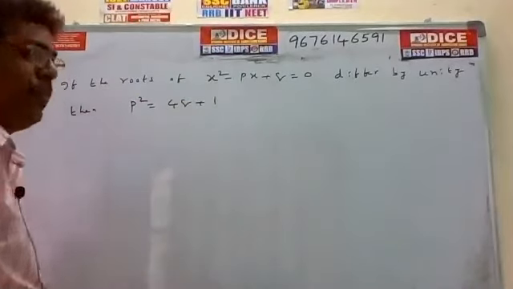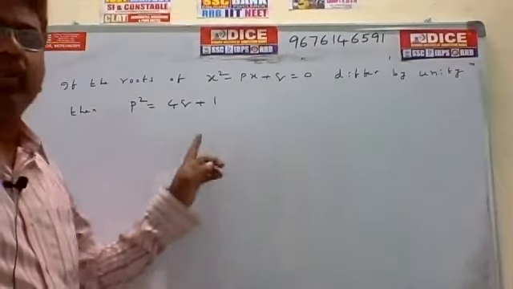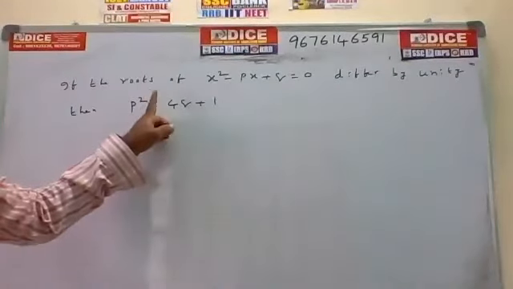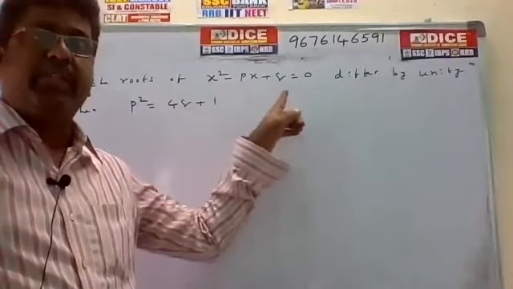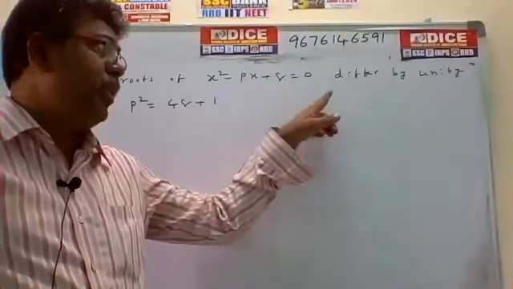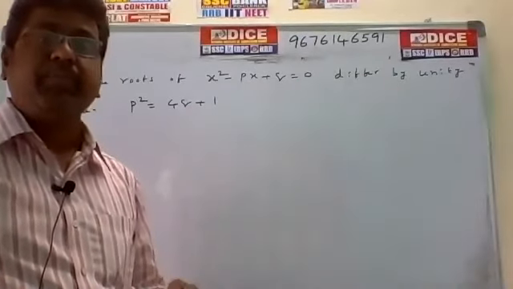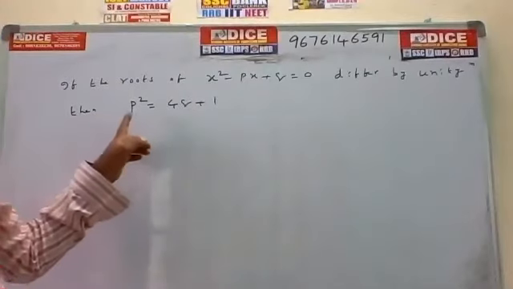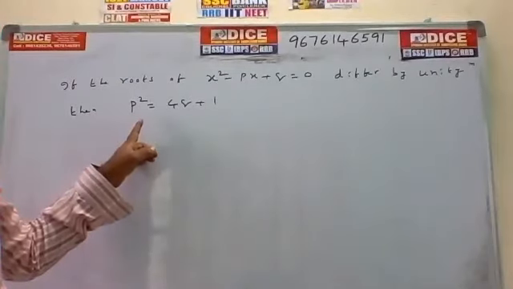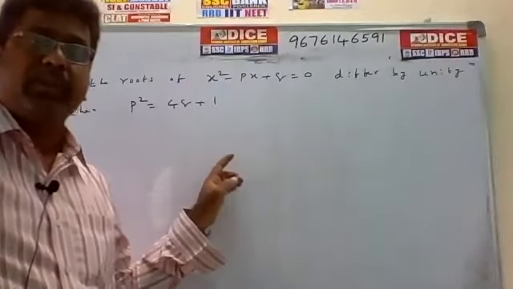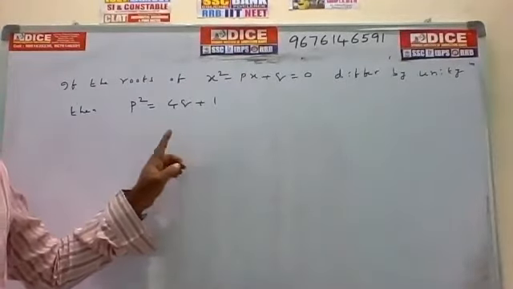This is the formula: p square is equal to 4q plus 1. Write down this one. I will give you a problem.